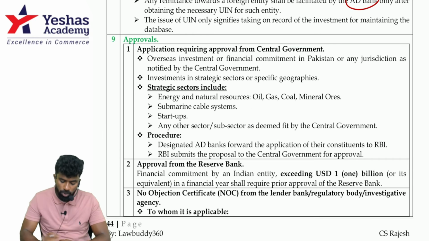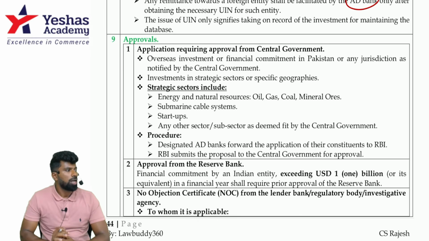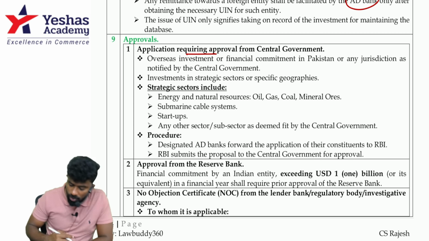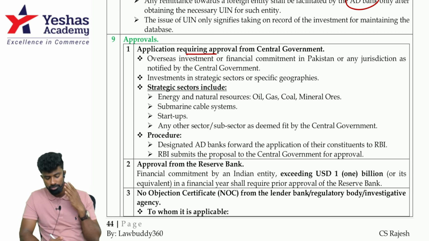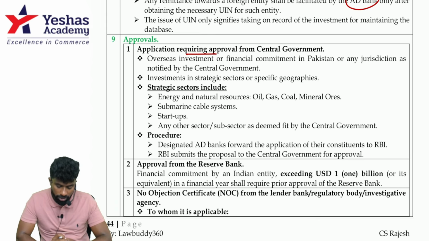Next one, approvals. Which transaction requires which sector approval? Application requiring approval from which government? Obviously, if you are making a commitment to Pakistan, where jurisdictions are notified by whom? Central government. It requires whose approval?